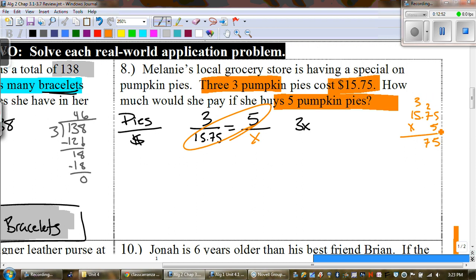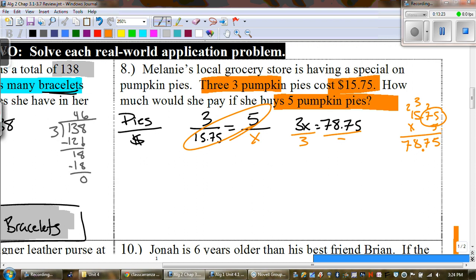Carry the 3. 5 times 5 is 25. Plus 3 is 28. And 5 times 1 is 5. Plus 2 is 7. Now the only thing that's missing is the decimal point, and we had 2 numbers behind, so we got to make sure that's still the case. And we get 78.75.